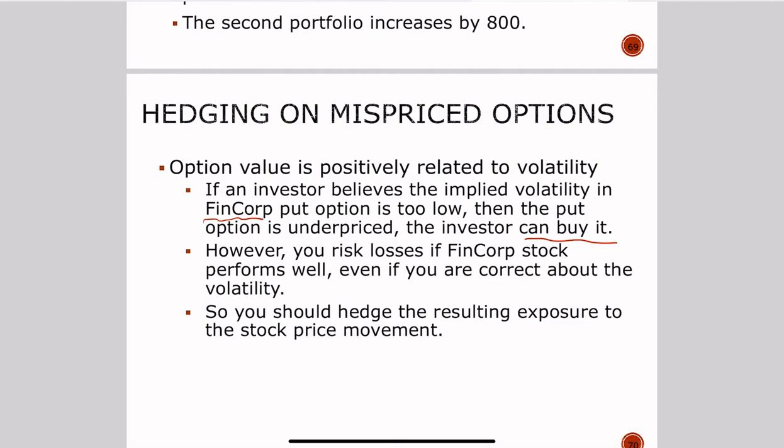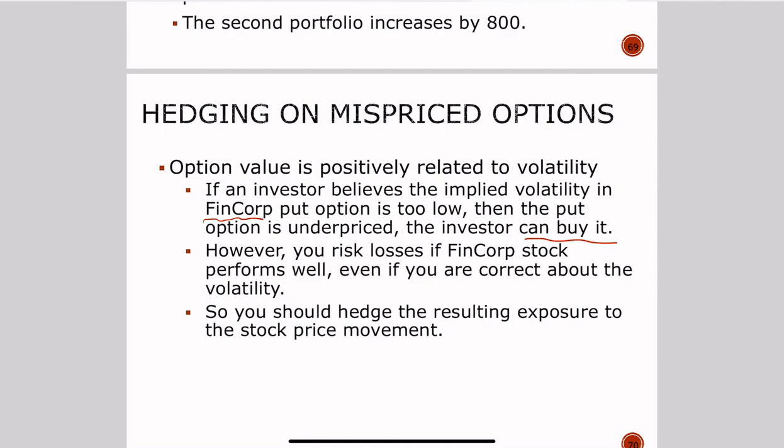But as I said, you can see that a lot of factors could affect your put option price. For example, a very important factor to affect your put option price is the share price, right? And we know that put options value will be higher if stock price decreases. And the put options value will be lower if stock price increases. So this basically means that even if you're right about the volatility, you could still suffer from the potential price movement.